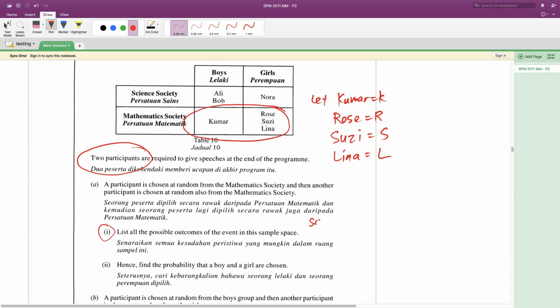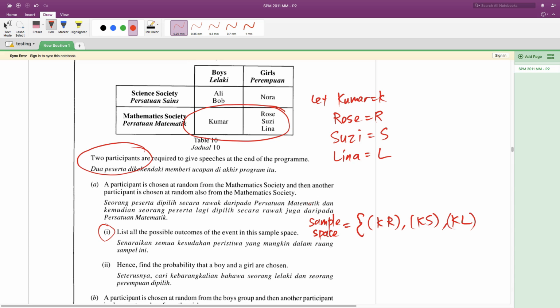So sample space equals, first I will start with K. K together with R, you can straight away write KR, comma, then KS, comma, then KL.